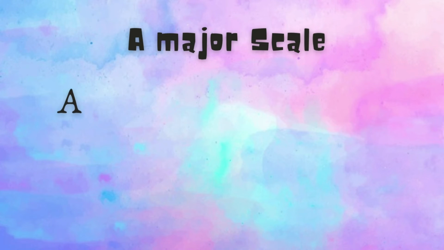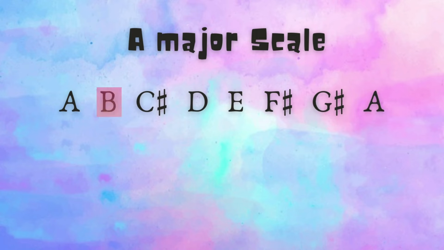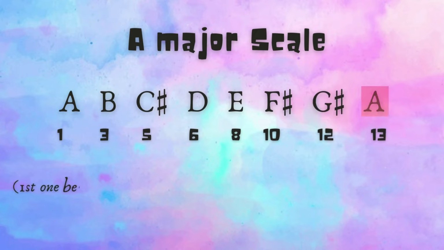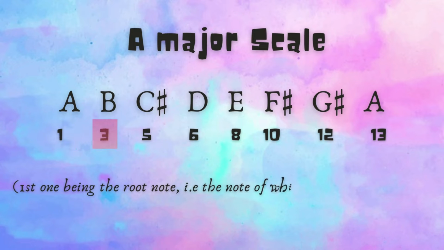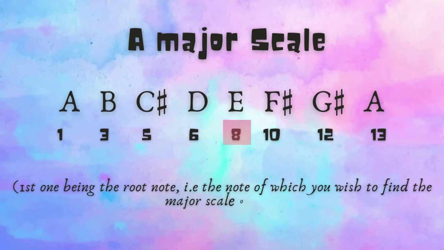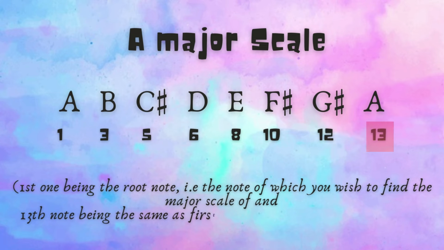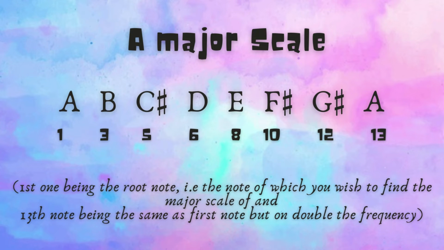The A major scale: A, B, C sharp, D, E, F sharp, G sharp and A. These are the 1st, 3rd, 5th, 6th, 8th, 10th, 12th and 13th notes from the 12 notes. But we just follow the sequence of 1, 3, 5, 6, 8, 10, 12 and 13.